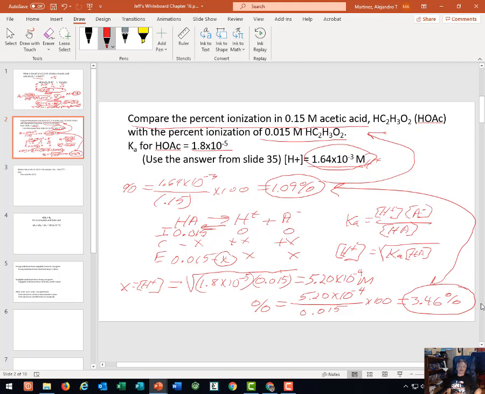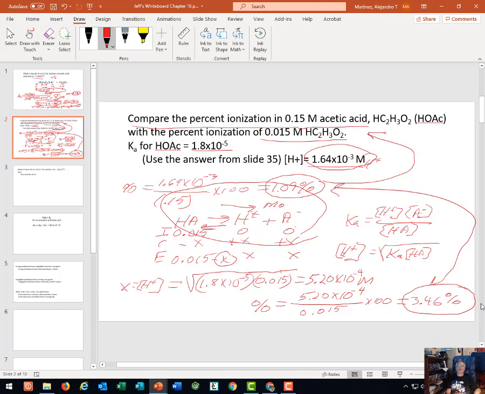Here's a way to think about this. As we lower the concentration of our reactant, think of it from a Le Chatelier's point of view, where if this were a gas phase reaction, what I'm doing by diluting the solution is making the container larger. And so the equilibrium shifts toward the side that has more moles.